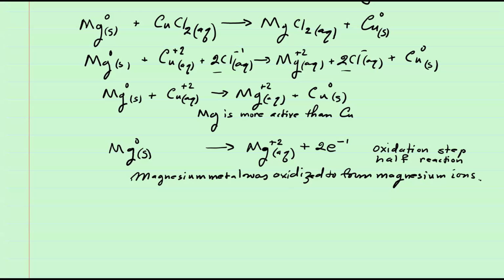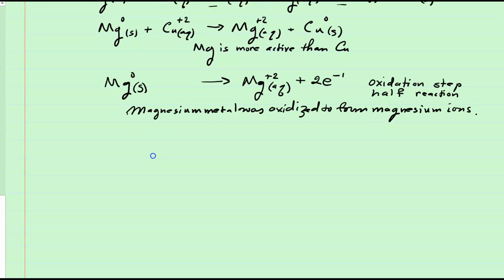Okay. So if the magnesium metal is oxidized, then of course something was reduced. That something, of course, is the copper, the copper ions. So here we have copper plus 2 ions in solution, and that's how they start off. What they end up as is copper metal.